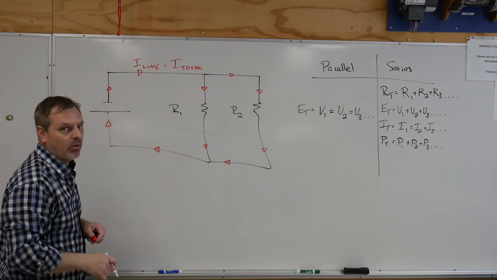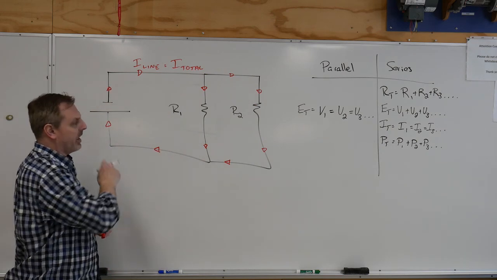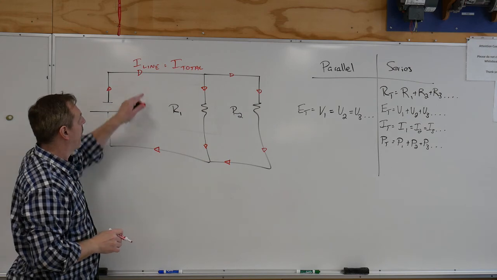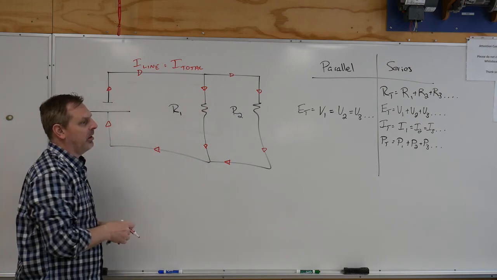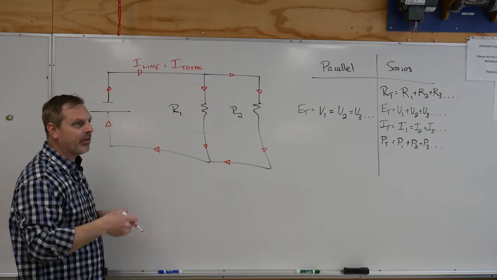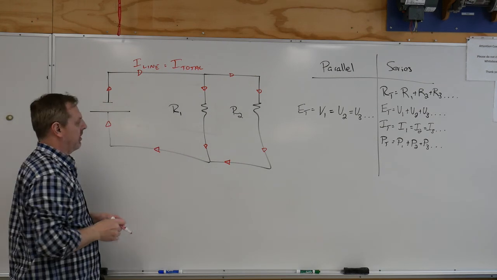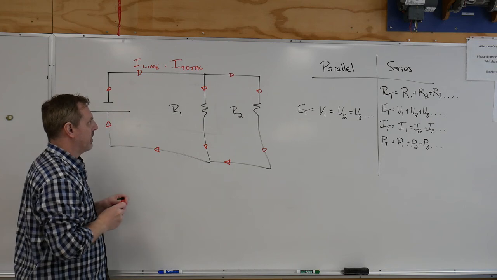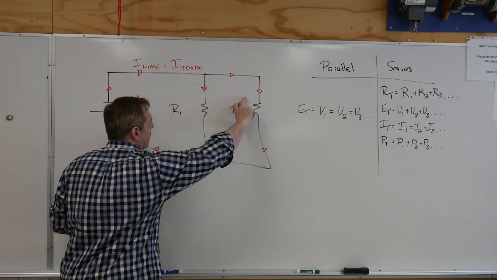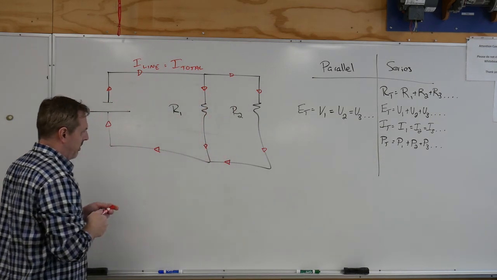Very important to know that whatever current leaves the source has to come back. We cannot create extra current, or have some leave. Whatever is leaving has to come back. It never changes. Where it does change is the individual current within each branch here, okay?